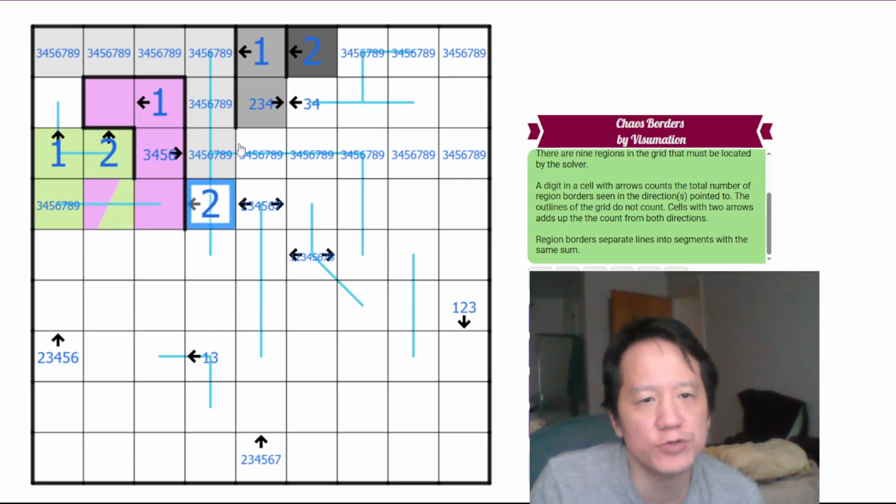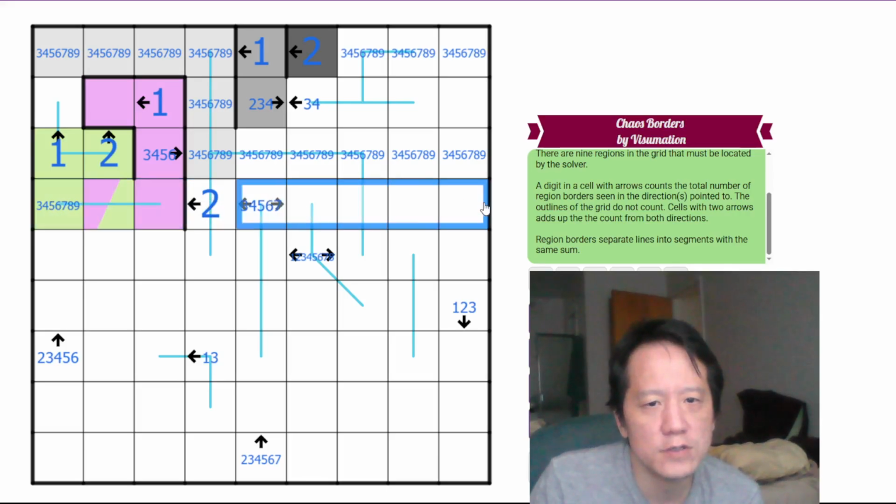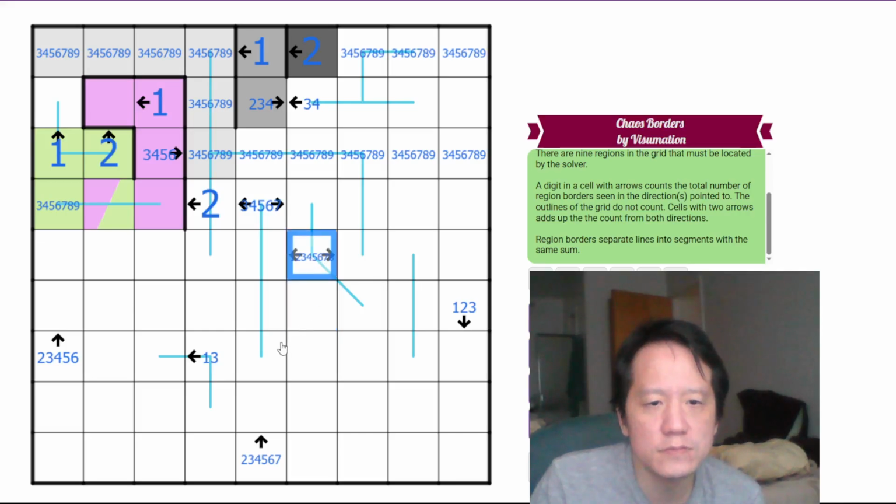This is a separate region. It could be light. So this can't be 2. This already sees 1, 2. You could just have 1 here or 1 anywhere here. This can't be 2 here.